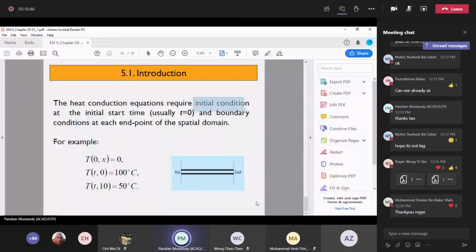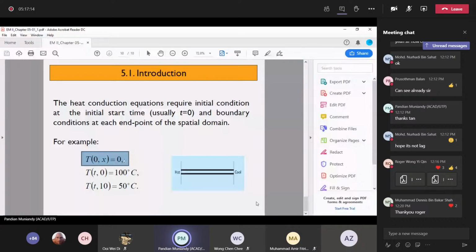At the initial start time, usually t0, this is called the initial condition. The capital T is the temperature you want to find. At the start time t0, with x the distance equal to 0, the temperature is 0 at time 0.